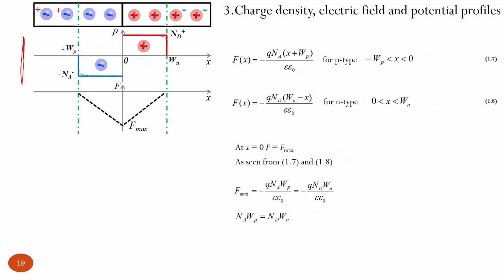And as a result, according to Poisson's equation, the relationship between the first derivative of electric field and space charge, we can calculate by integrating Poisson's equation for left and right side, for p and n type, the distributions of electrostatic field inside these depletion regions where space charges are located.